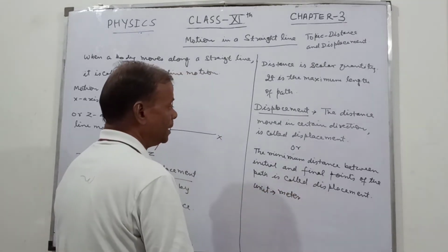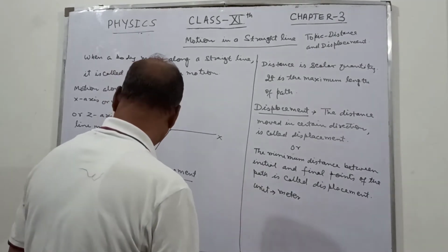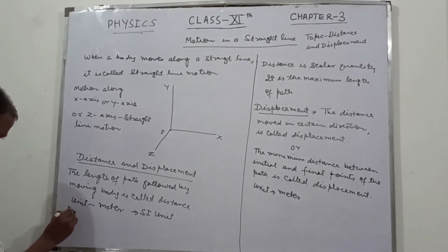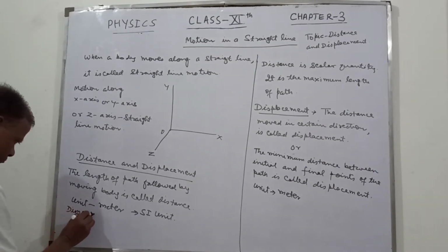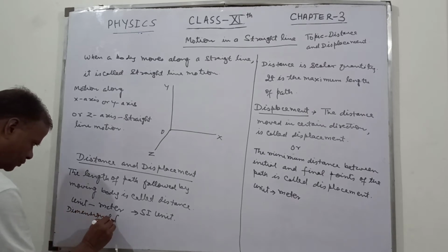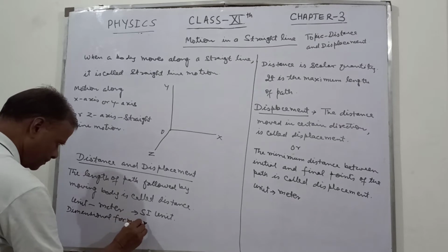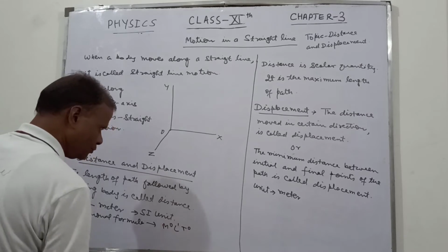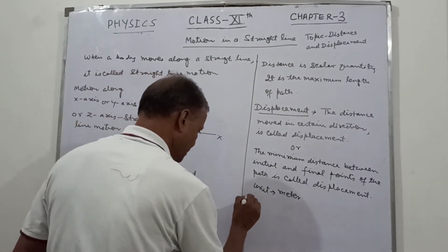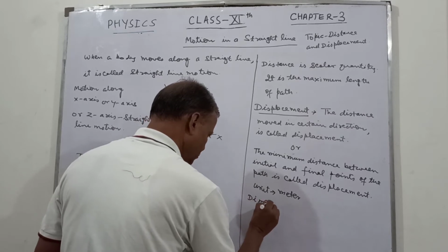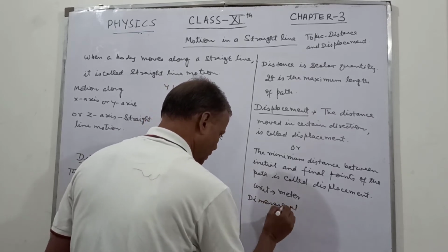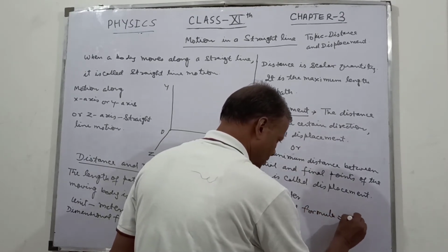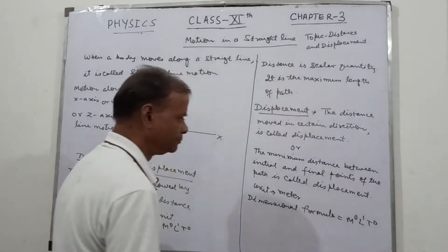Meter. And now we can have its dimensional formula here. Dimensional formula. This is your M0, L1, T0. Similarly here, dimensional formula M0, L1, T0.